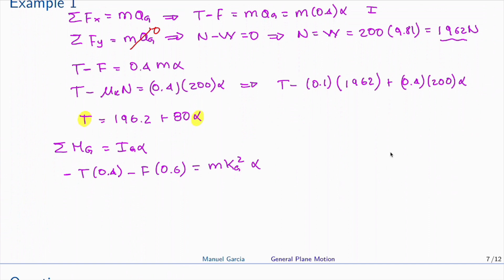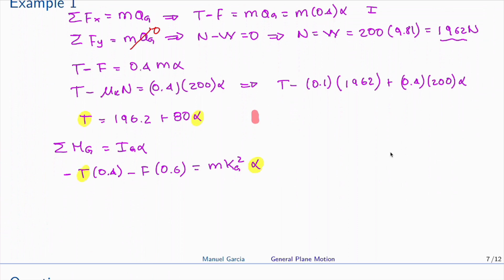From this equation we know everything except alpha and T.